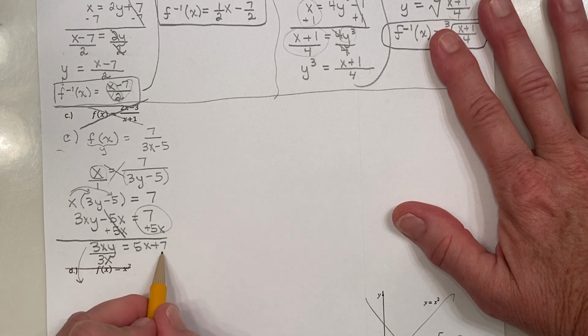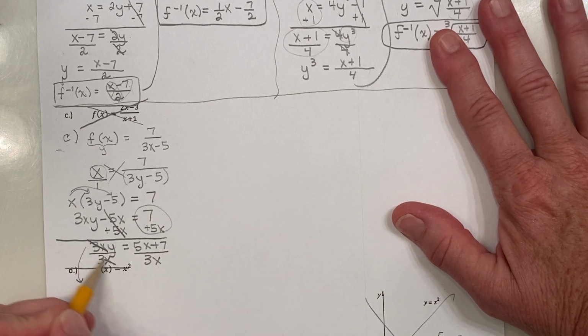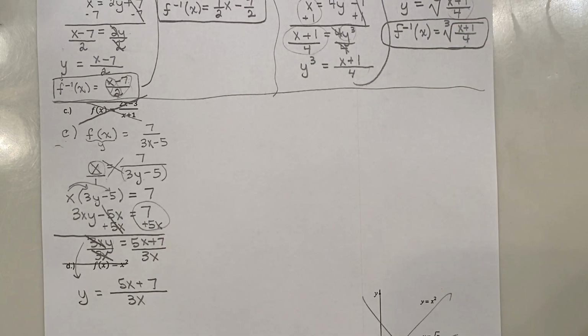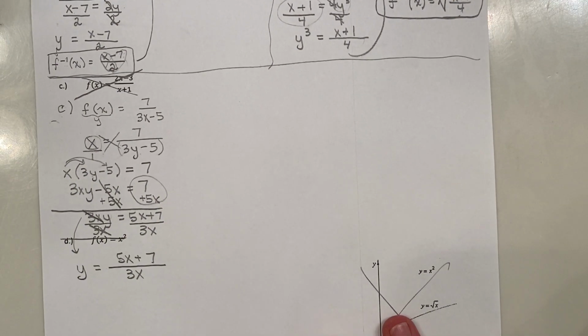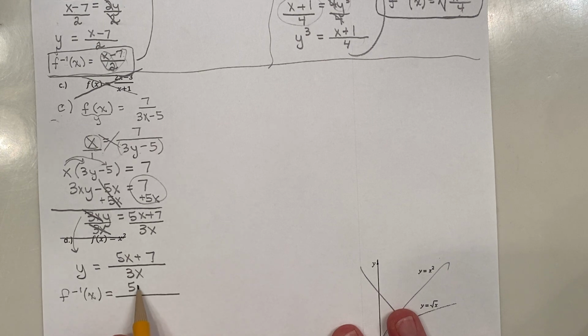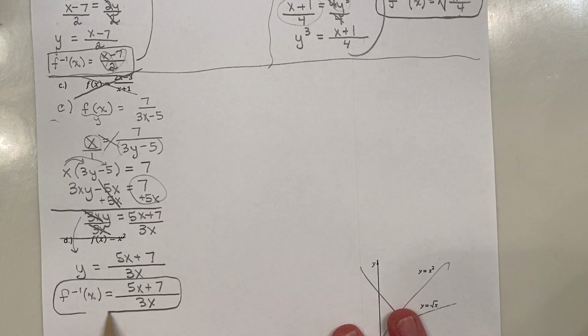So this 3x divides out, and I've got y equals 5x plus 7 over 3x. To show somebody that we found the inverse function, we would replace y with the inverse notation. And that would probably be a good answer.